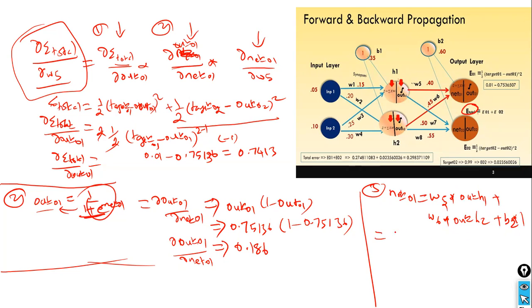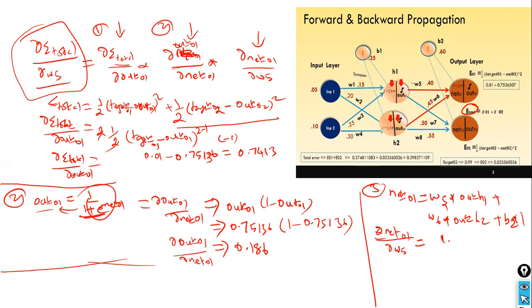If you plug in the value, you will get the value for this net O1. For example, dou net O1 divided by dou W5 is equivalent to, and here if you take the partial derivative, what will happen here? The W5 is going to be 1 here. When you take the partial derivative, the coefficient of W5 is 1, right?